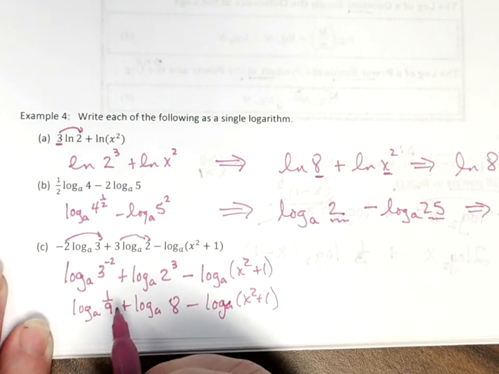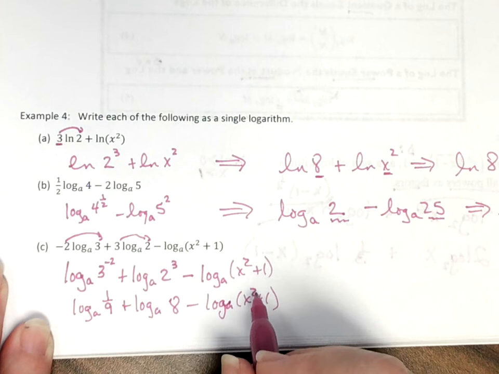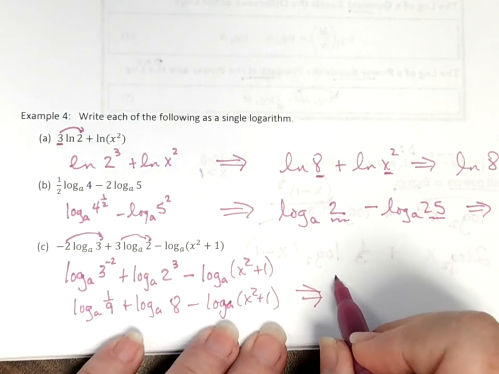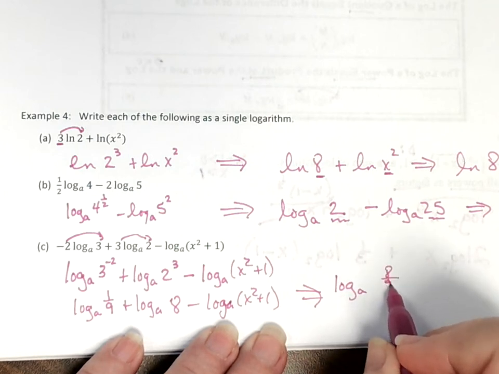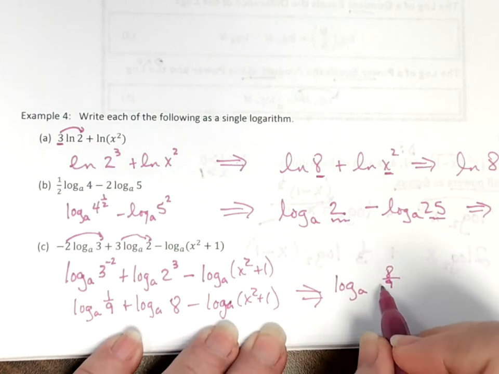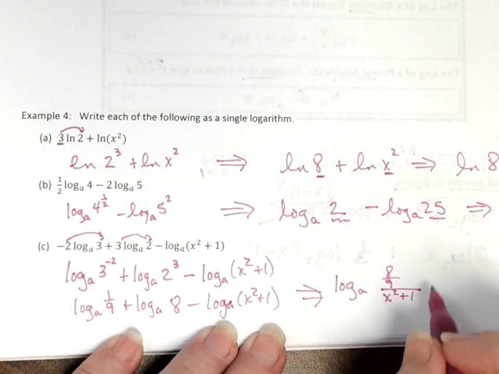Now I'm going to multiply 1/9 times 8, and then I'm going to divide by x squared plus 1. So we're going to rewrite this as 1 log, and it's going to be the log base a of 8/9, because 1/9 times 8 is 8/9, over x squared plus 1. Now that's a complex fraction.